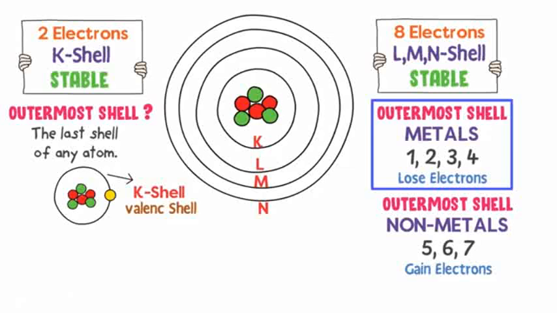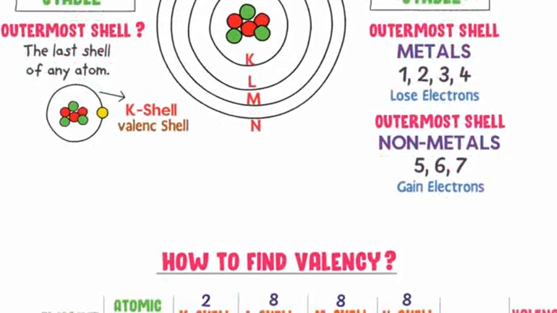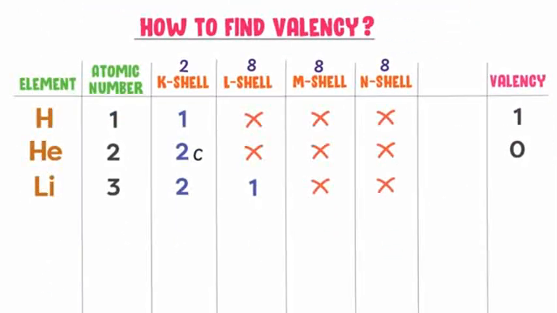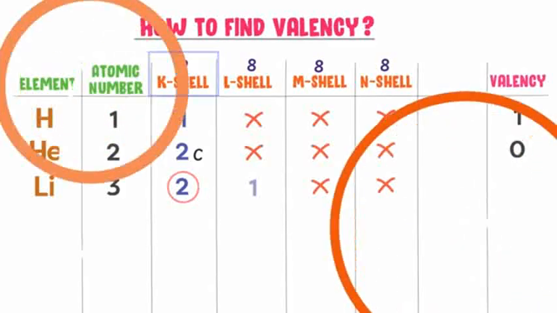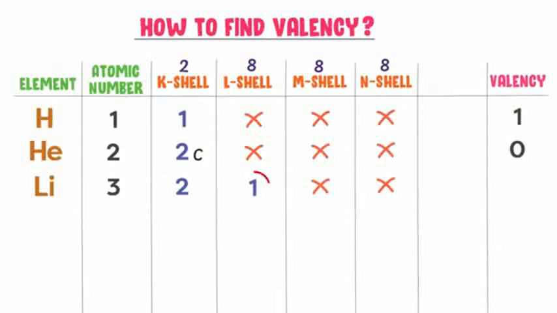And we also learn that metals lose electrons. So lithium is a metal. Lithium will also lose this 1 electron and its K shell having 2 electrons attains stability. So the trick I use is 1 is less than 4. Thus the valency of lithium is 1.